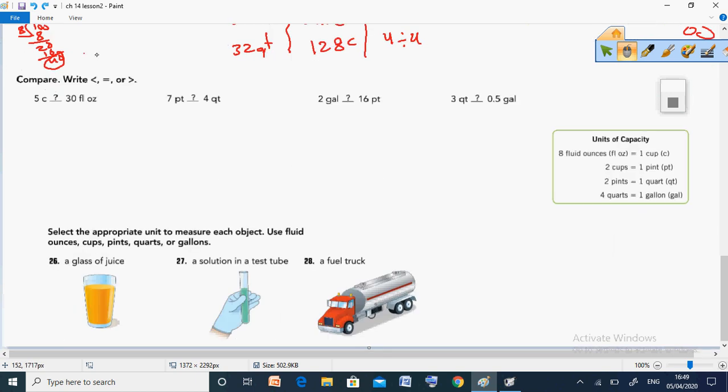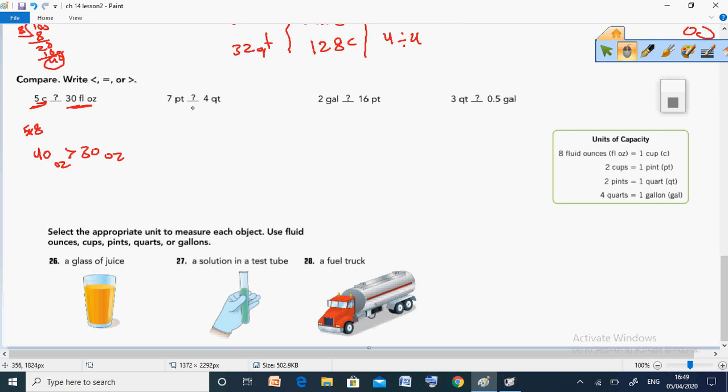Now look, if I want to compare 5 cups or 30 fluid ounces, here 5 cups, we will multiply by 8. 5 times 8 is 40, is greater than 30 oz. 7 pints and 4 quarts. Look, I can convert quarts to pints and from pints to quarts.